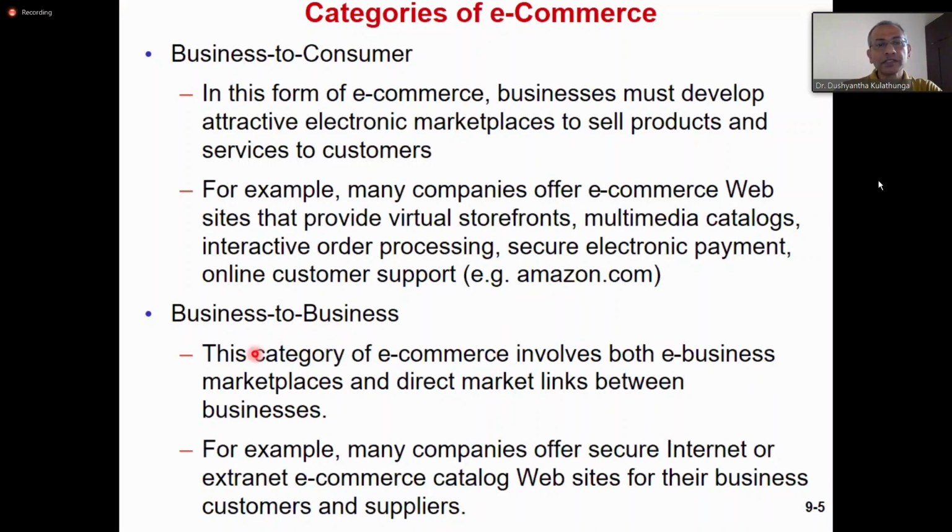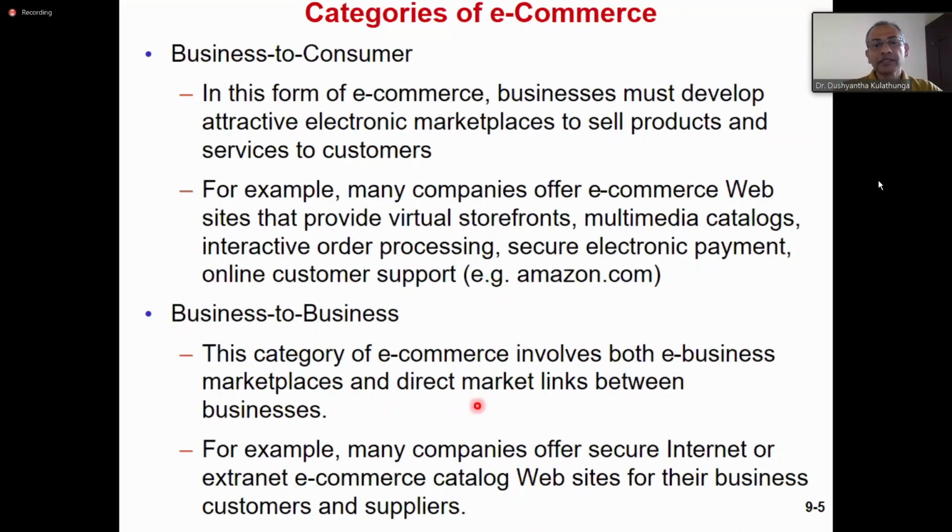Now, when it comes to business to business electronic commerce, the transactions between the two business organizations can take place utilizing different methods. One method is to do a transaction utilizing a particular marketplace. We will elaborate on that as we move on.